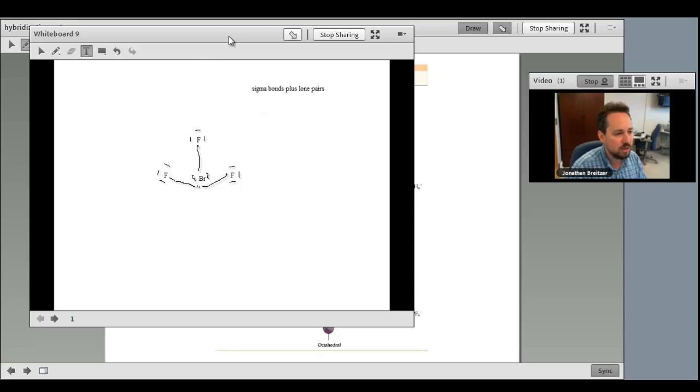So for the bromine, I've got 1 bond, 2 bonds, 3 bonds, 1 lone pair, and 2 lone pairs. So together that makes 5. So 5 sigma bonds plus lone pairs. So that's the number I get.